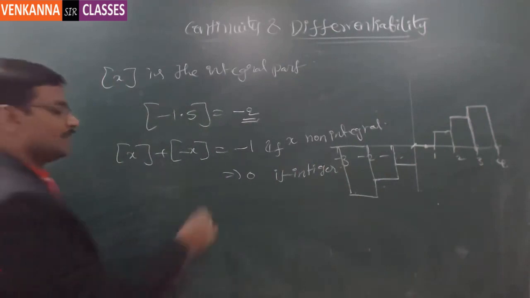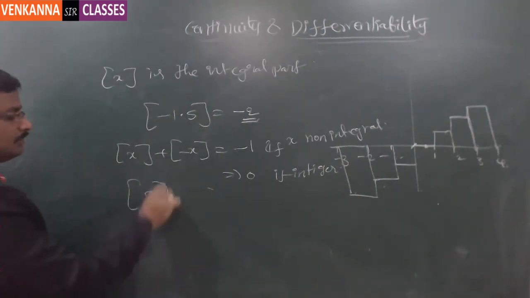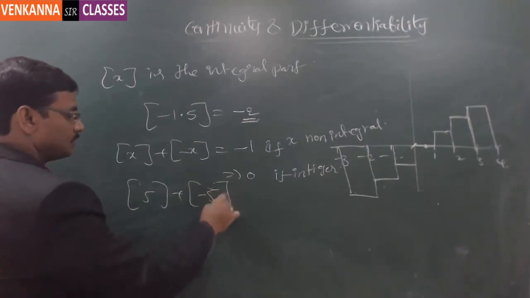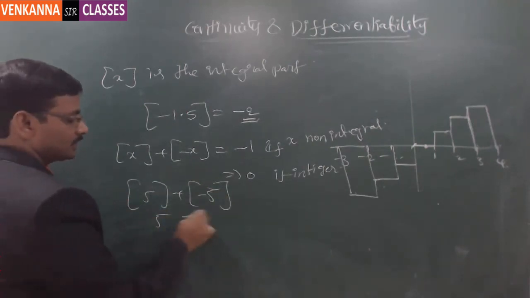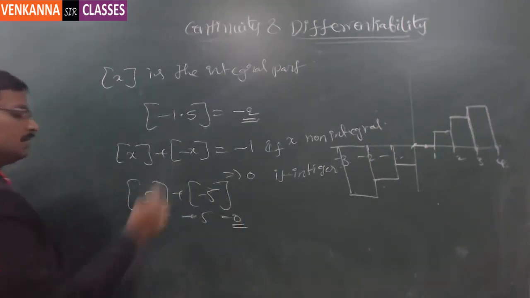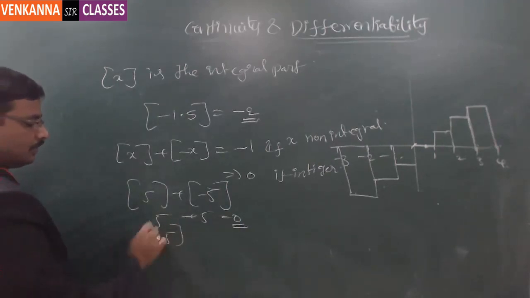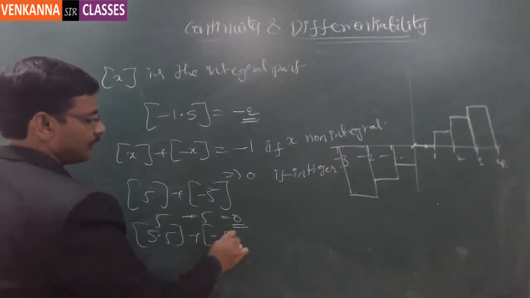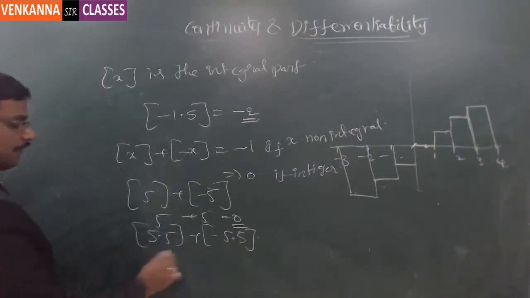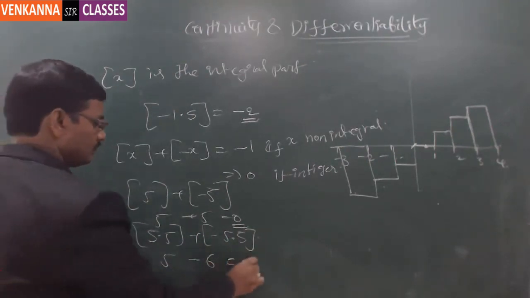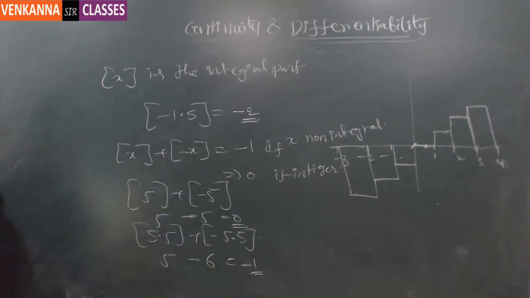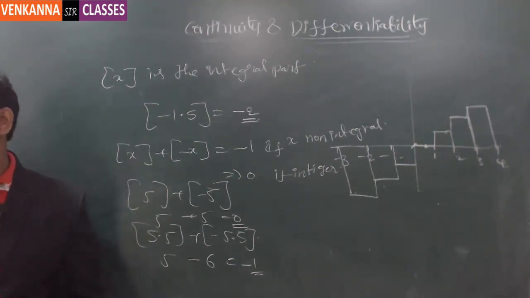So step of 5 plus step of -5: this value will be +5, this value will be -5, and the sum is 0. But if I take step of 5.5 and step of -5.5, this will be 5, but this will be -6. This will be -1. This is the difference. So whatever the x value, if it is integral, it will be 0. If it is non-integral, it will be -1 always.